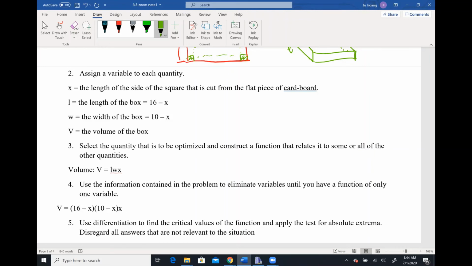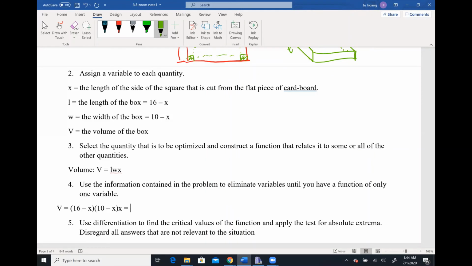If you want, you can do distribution for this. Otherwise, you may have to use the product rule for the derivative later. But let's do distribution here.